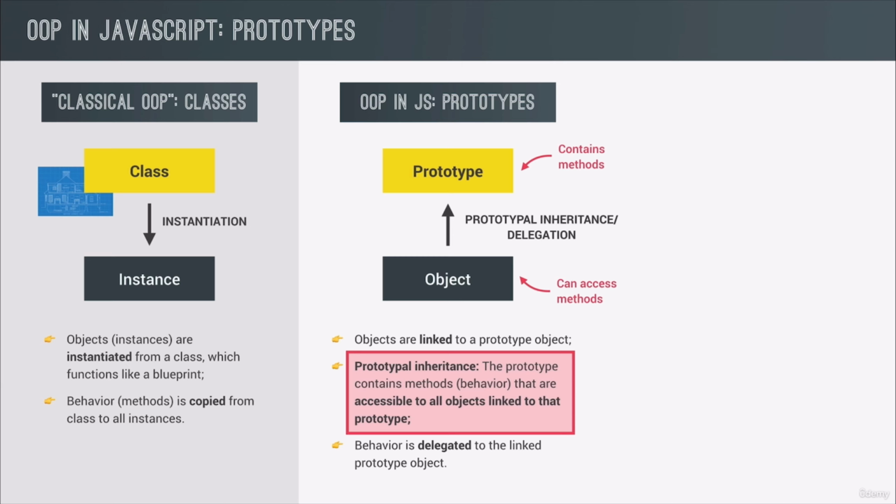Now, I don't want you to stress out about the exact terminology here, okay? So I know that this is a lot of new stuff to take in, so a lot of new words and new concepts. But this is just to paint a very clear picture and to give you the complete overview. What matters to me is that you understand how this prototypal inheritance actually works. Because when we actually start using this in practice in the next lecture, it won't really matter if it's called inheritance or delegation, as long as it just works as intended, right?